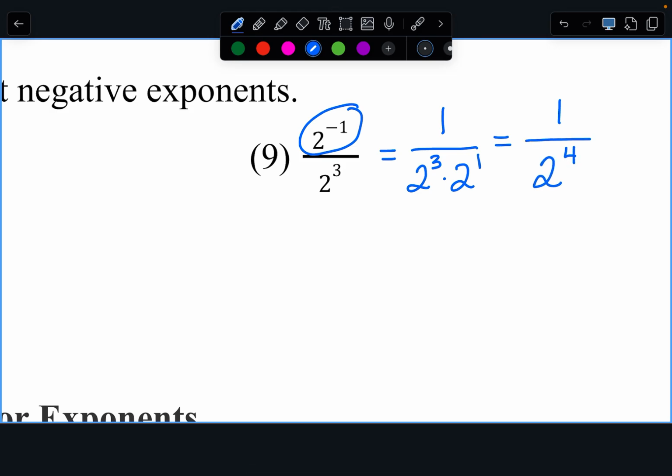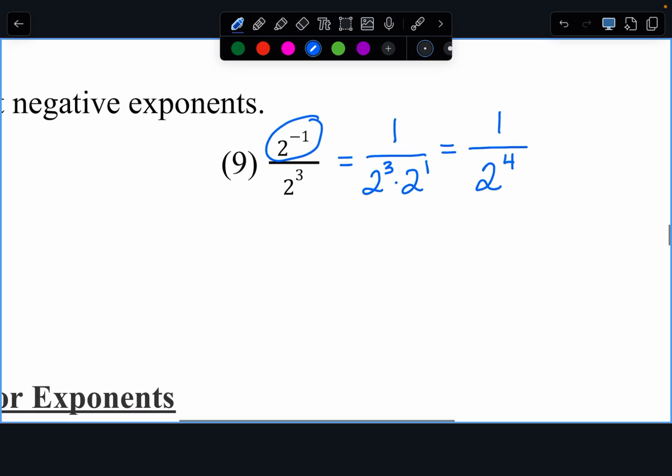So that's 2 to the 4th, right? We okay with that? Now, what is 2 times 2? 4. Times 2? 8. Times 2. 1 over 16 is your answer. And because I love giving you options, apparently, you could have done 2 to the -1 minus 3.